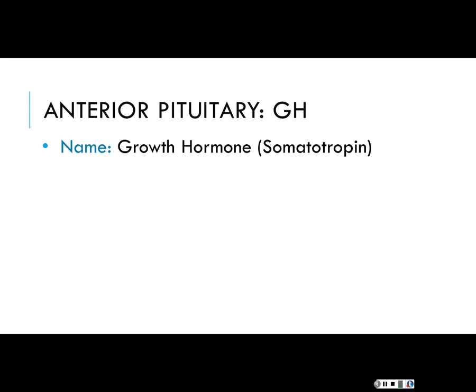But this one also has an antagonistic tropic hormone from the hypothalamus. What's the antagonistic hormone to growth hormone releasing hormone? Probably growth hormone inhibiting hormone. Stops the release.